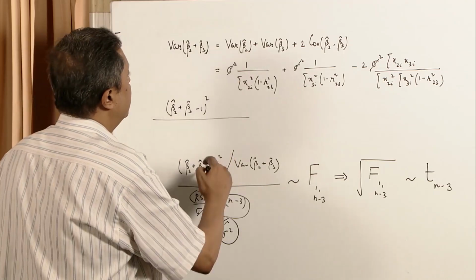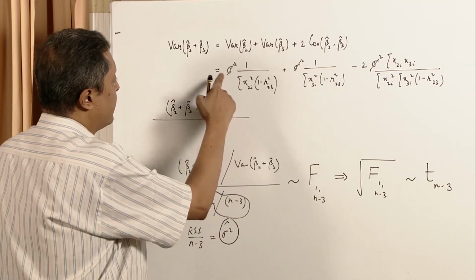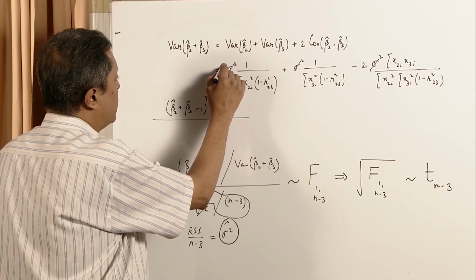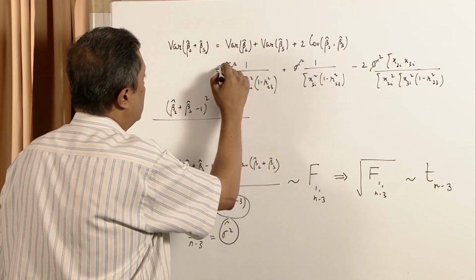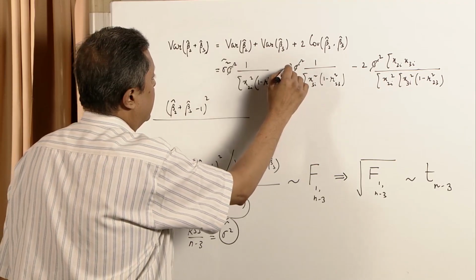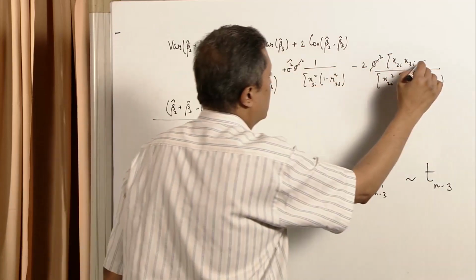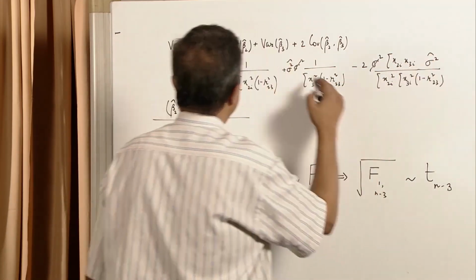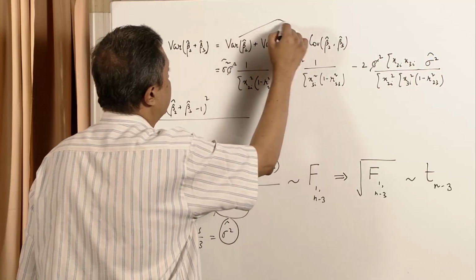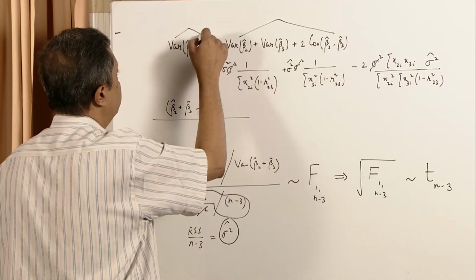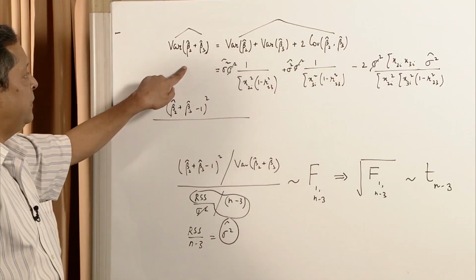So, that basically gives us, instead of sigma square, we now have sigma square hat, and that gives us the estimated variance of beta 2 hat plus beta 3 hat.